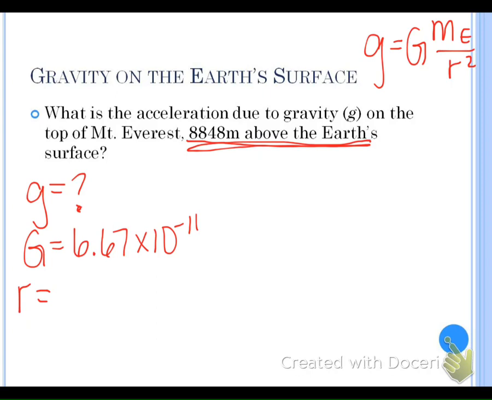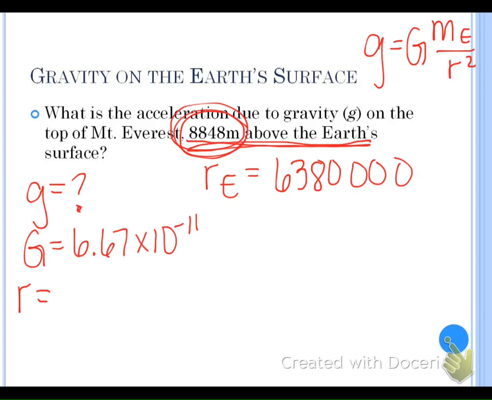Okay, not quite. The 8848 has to be added to the radius of the Earth. We know the radius of the Earth; I gave it to you in a previous problem. What was it in meters? Yep. This was our radius of the Earth in meters. We have to add to it the height of Mount Everest to get to our actual radius, because this distance right here is the distance from the center of the Earth to its surface.